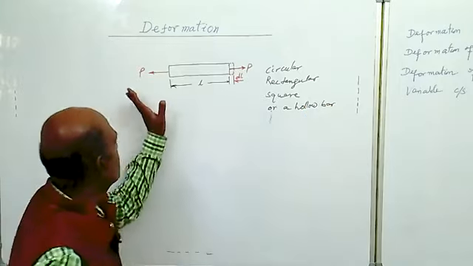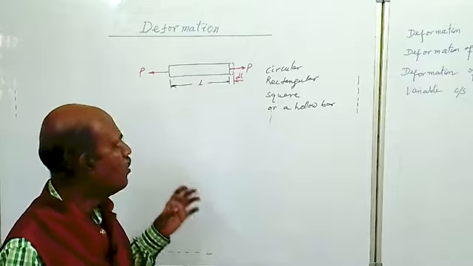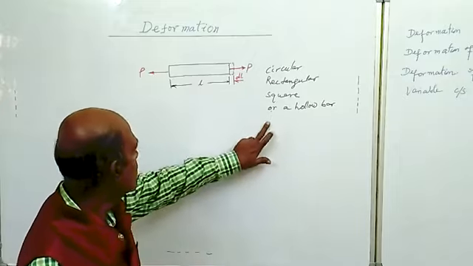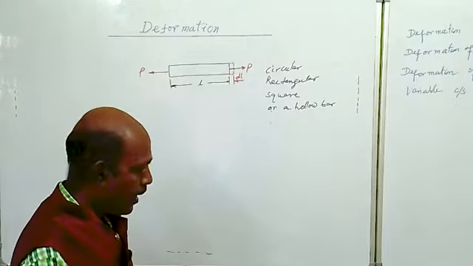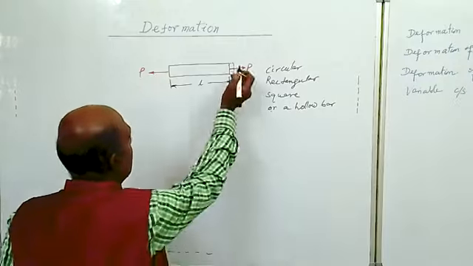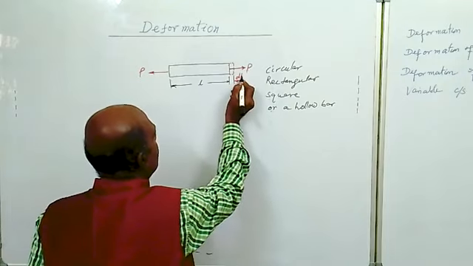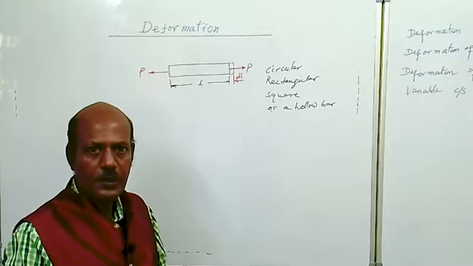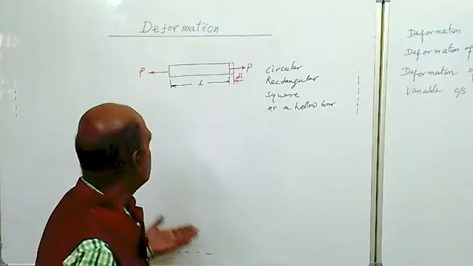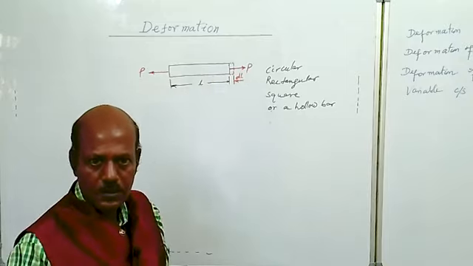So that means the bar may be of any cross section, it may be solid section or it may be hollow cross section. Now the bar is under load P, and under load P let the bar extend by amount dl because of tensile load P. So now this dl is called deformation.